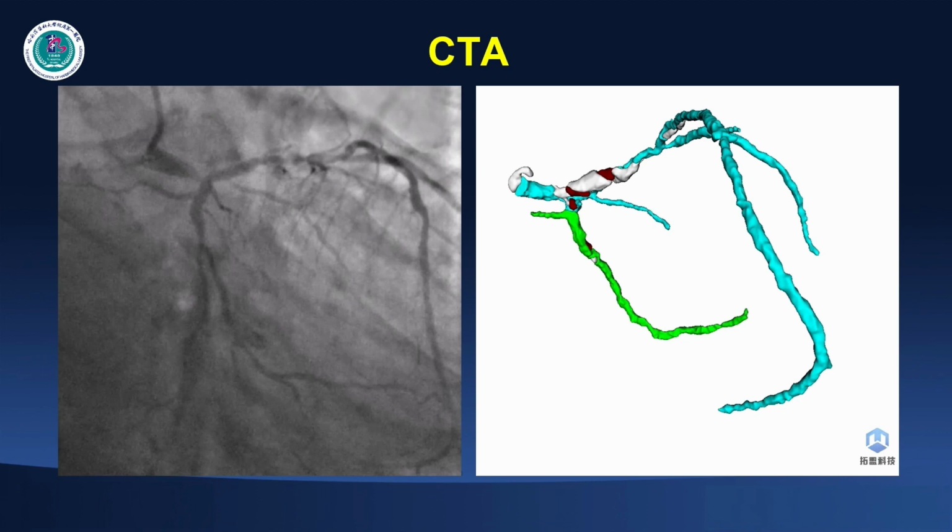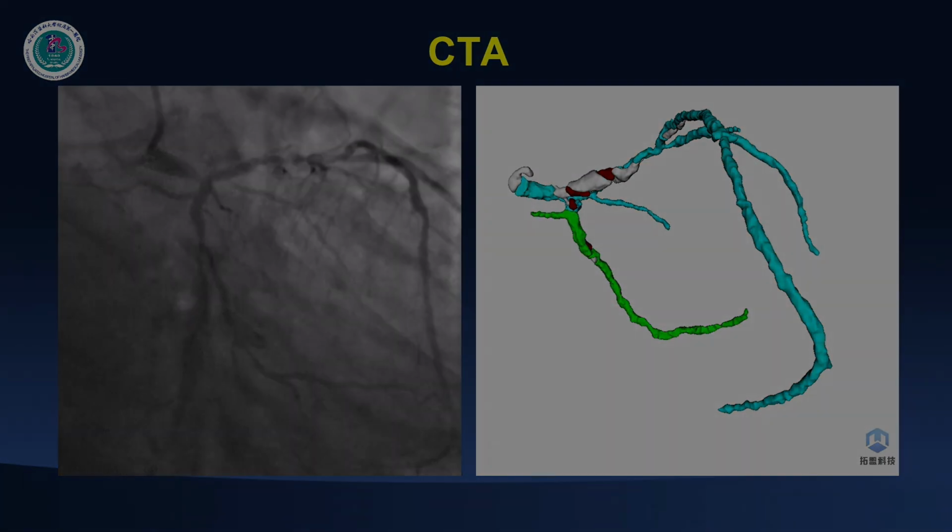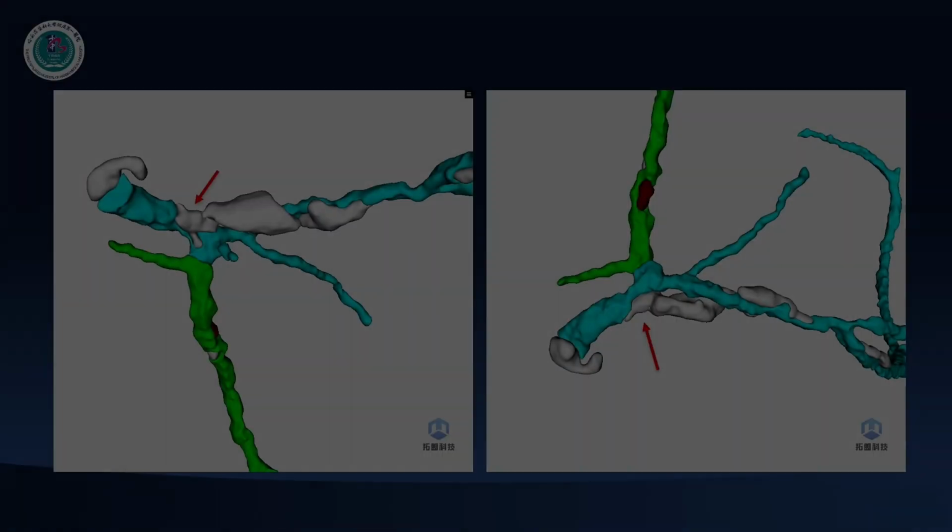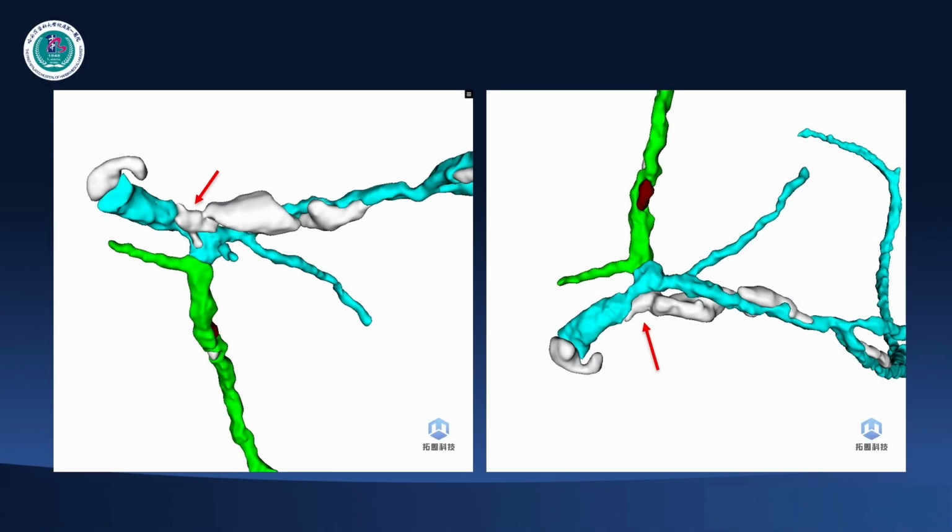But at the ostium of the circ, there is a little bit of soft plaque and a little bit of calcified plaque.